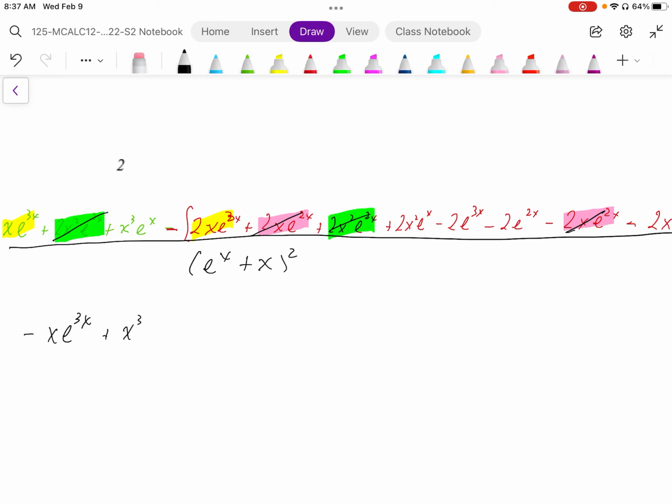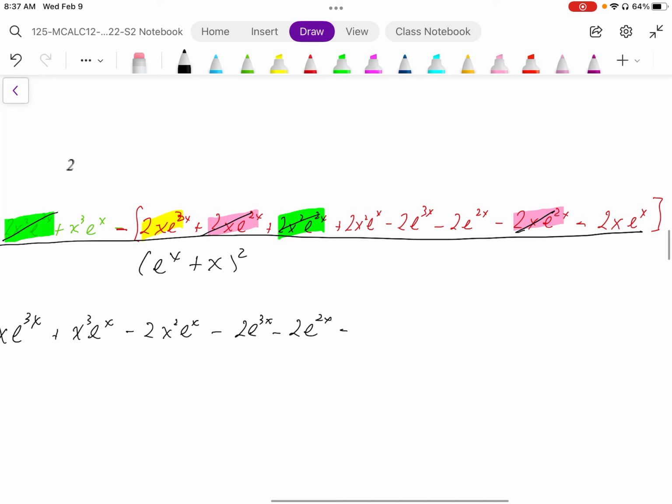So x cubed e to the x, okay, minus 2x squared e to the x, minus 2 e to the 3x, minus 2 e to the 2x, and minus 2, well, these are going to be pluses, sorry.